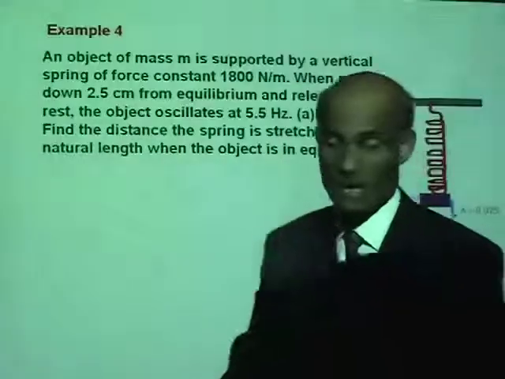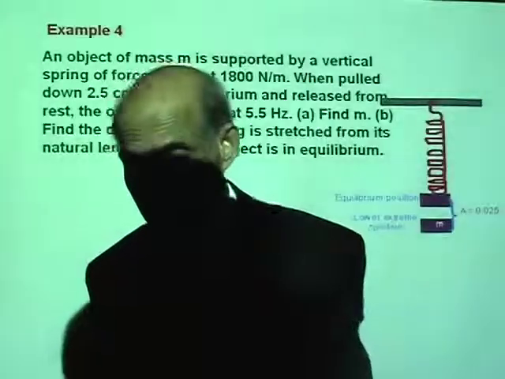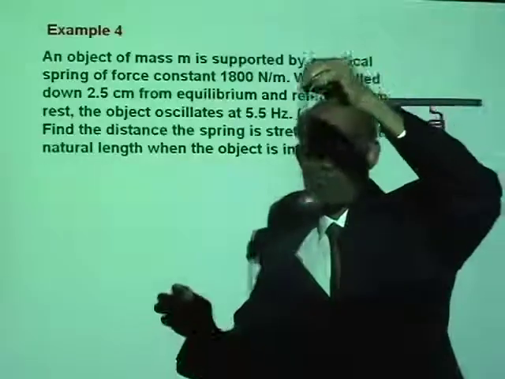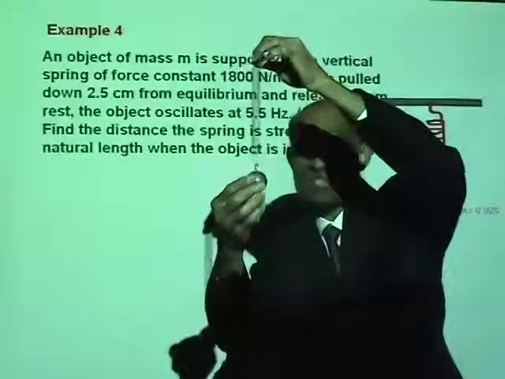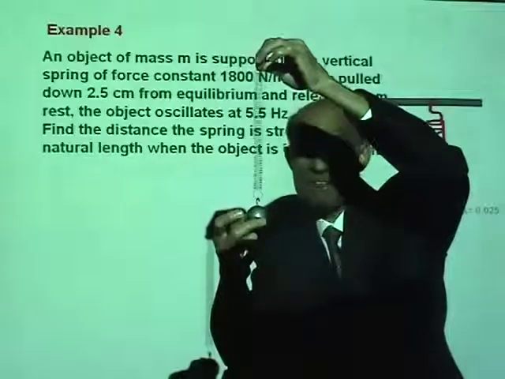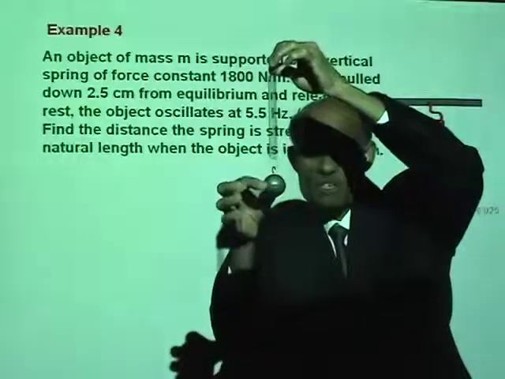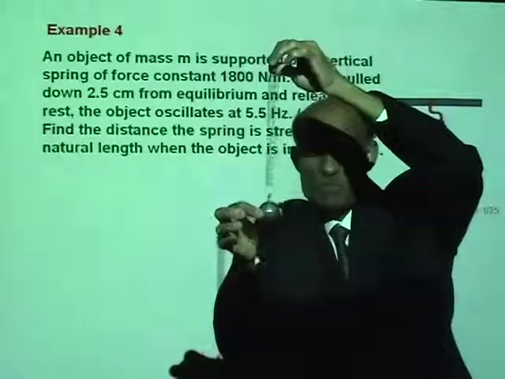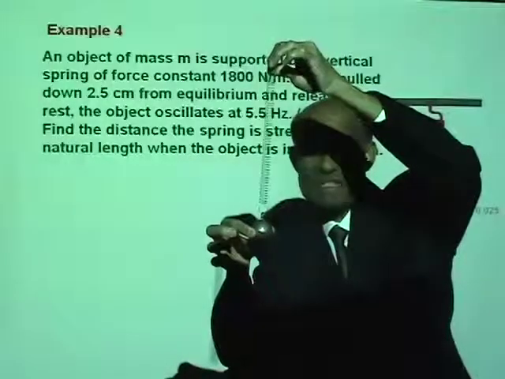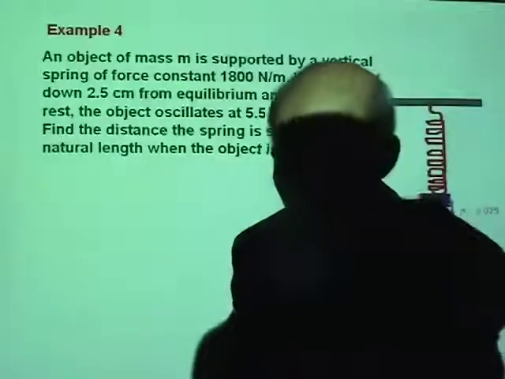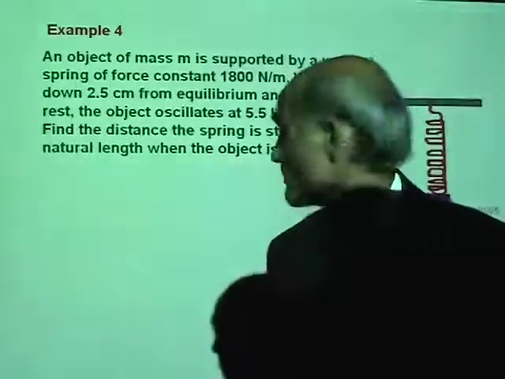Do you understand that? You see, the distance you pull down, this is the equilibrium position. When you pull down the mass, the distance at 2.5, that is going to be the maximum displacement. This is displacement 0. Displacement now is 2.5 centimeter. That is the maximum displacement or the amplitude of oscillation.